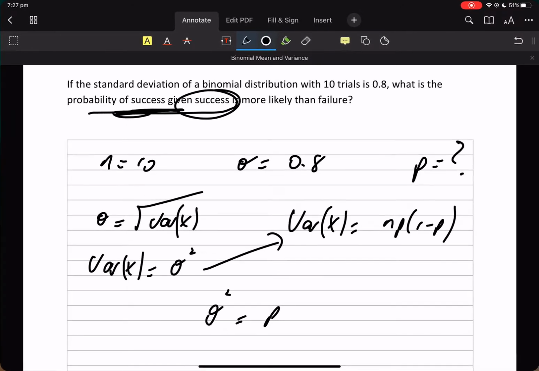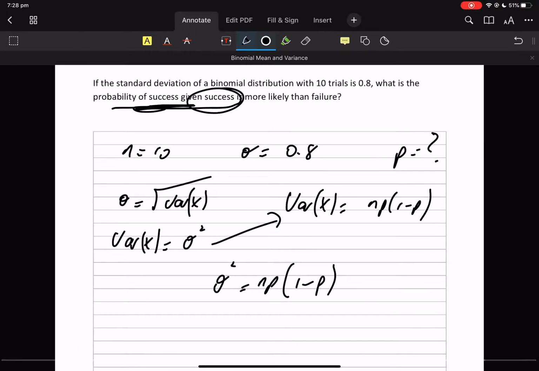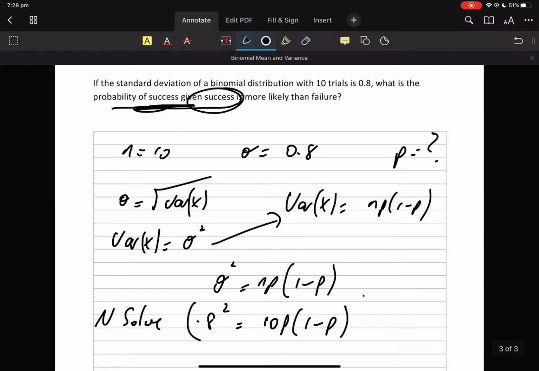Why do I always write p first? Okay, sigma squared, so 0.8 squared equals 10p(1 - p). Oh my gosh, that looks like a solve.